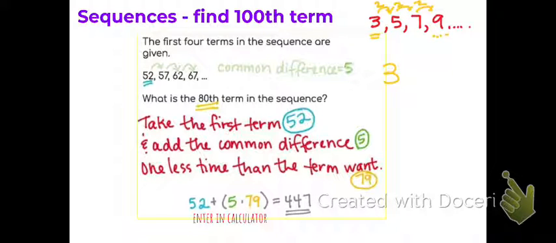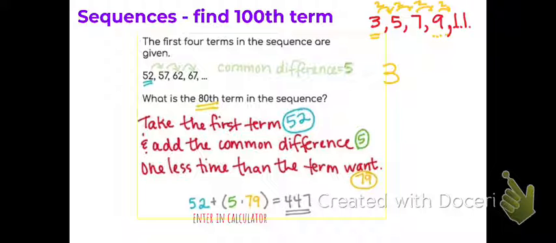How many times would I add 2 to that first number to find the 5th term? I would add it 4 times. You're always adding that common difference to that first number, one less than whatever term you're asked to find.